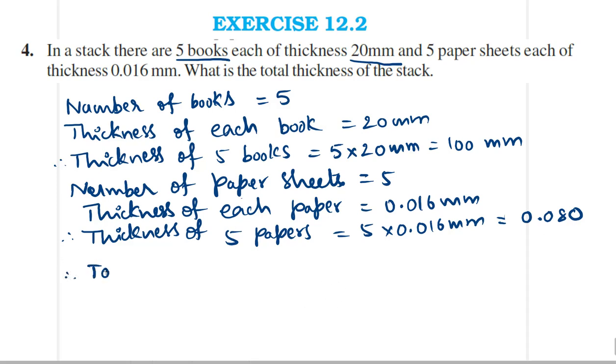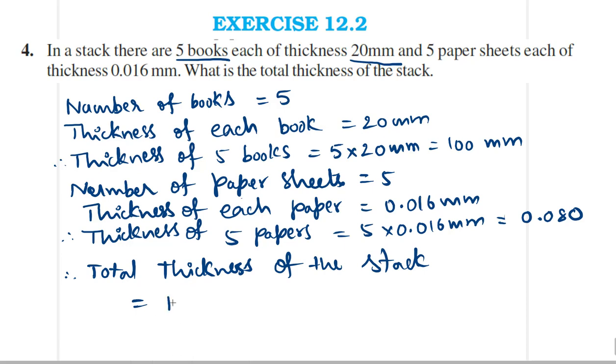Therefore, total thickness of the stack will be equal to thickness of 5 books plus thickness of 5 papers. So that will be 100 mm plus 0.080 mm.